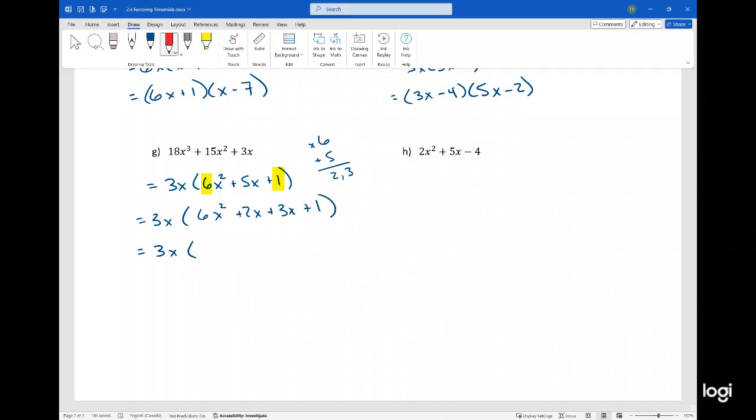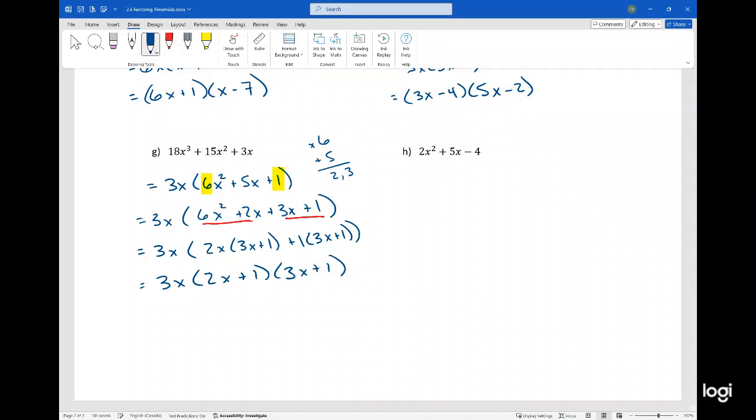Partial factor the first two terms, and I get 2x(3x plus 1). And this one, 3x plus 1, I can only get one of those out. So that becomes 3x times (2x plus 1) times (3x plus 1).